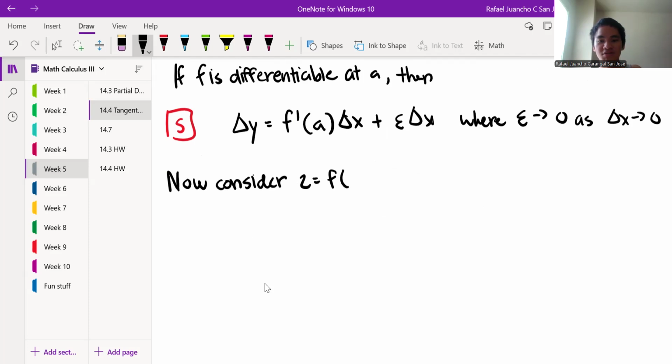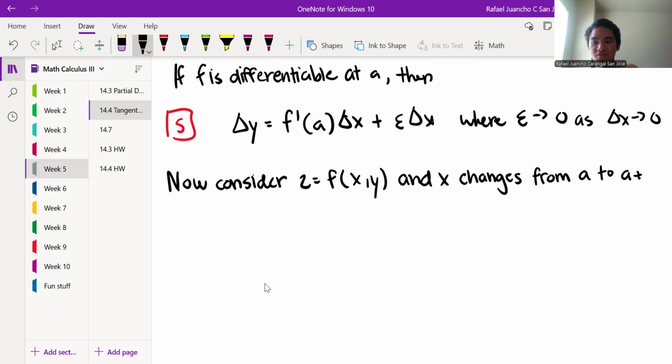Now let's go back to calculus 3. Z equals f of x, y. And suppose x changes and y changes. x changes from a to a plus delta x.